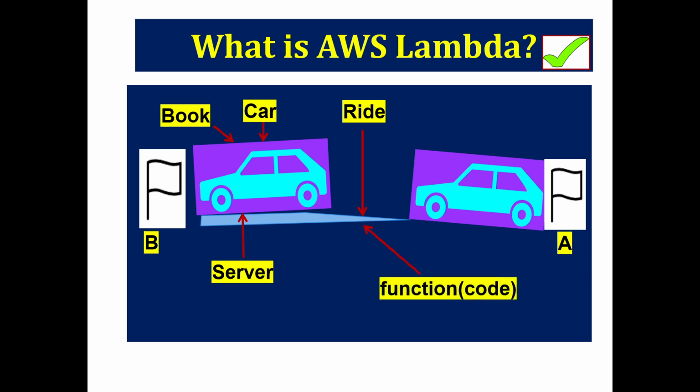It runs only when triggered by an event, and you pay only for the execution time, like paying only for the distance you traveled. So this is how we can correlate our real-time example with AWS Lambda, wherein you no need to worry about server setup, scaling and maintenance, just like not worrying about the car maintenance.